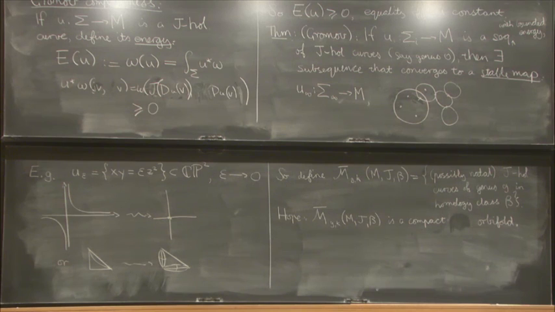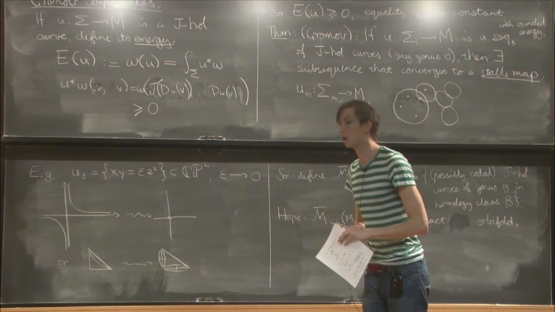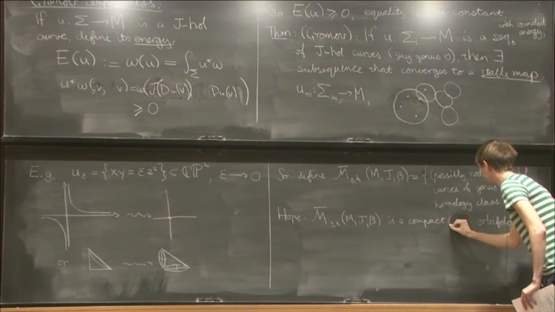You're saying that the almost complex structure doesn't even have to be an almost complex structure on this moduli space? No, that's not true. But it should have an orientation. Orientation, yes. So it is oriented.